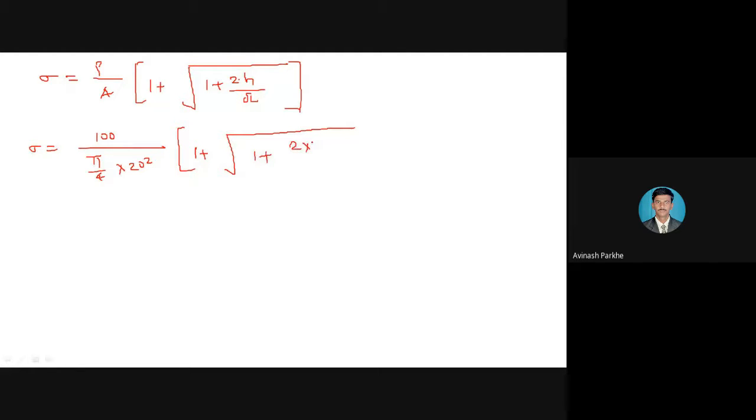The height is given in meter, so it is converted to mm, that is 5000, into delta L, which means area, again pi by 4 into 20 square into E, 200 into 10 raised to 3, divided by P into L. P into L means 1000 into the length 10 into 10 raised to 3.